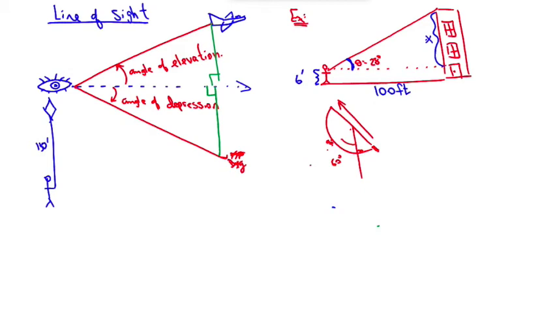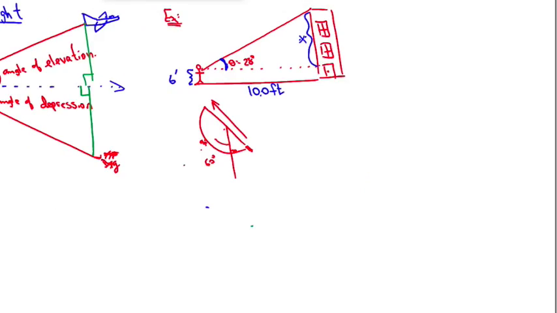So what function deals with opposite and adjacent? It's a cosine. Oh, sorry. It's tangent. Tangent is, you know, the TOA. So you're going to say tangent of something is equal to something.